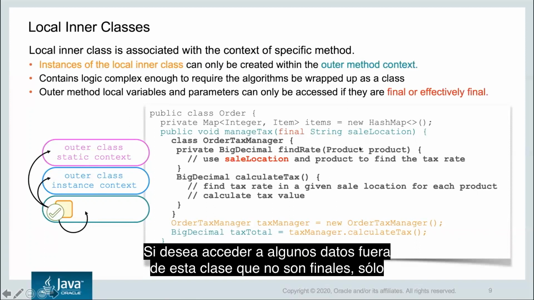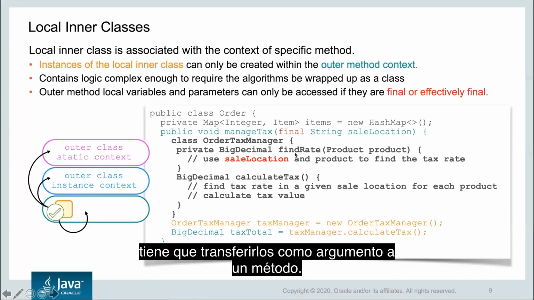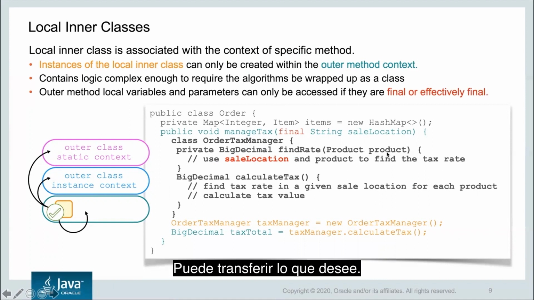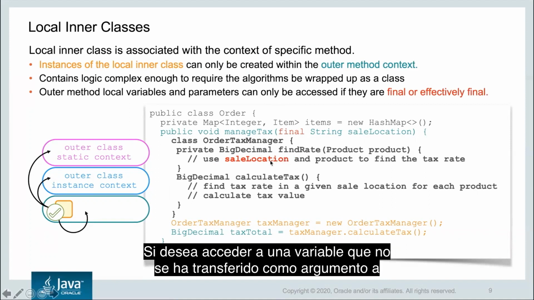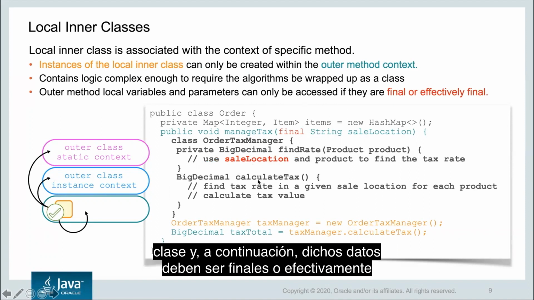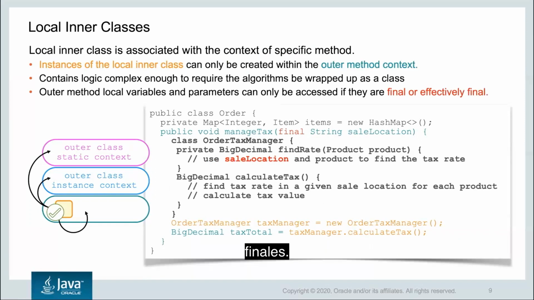If you want to access some data outside of this class that's not final, well, you just pass it as an argument to a method, right? When you call a method, you can pass parameters, and then you can pass whatever you like. It's the case when you want to access a variable that hasn't been passed as an argument to any of the methods here, just directly see some data outside of that class, well, then that data has to be either final or effectively final.